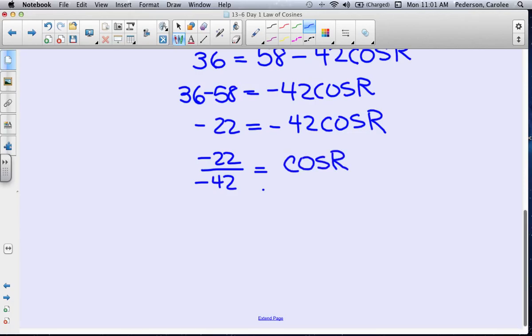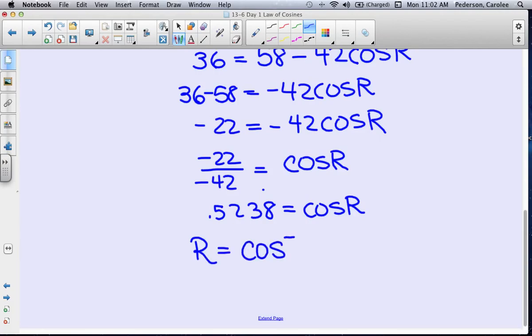Now let's just simplify that fraction on the left, and we get 0.5238 equals the cosine of R. Now we need to use inverse trig. R equals the cosine inverse of this decimal, 0.5238. So second cosine of 0.5238 will give us our angle measure.